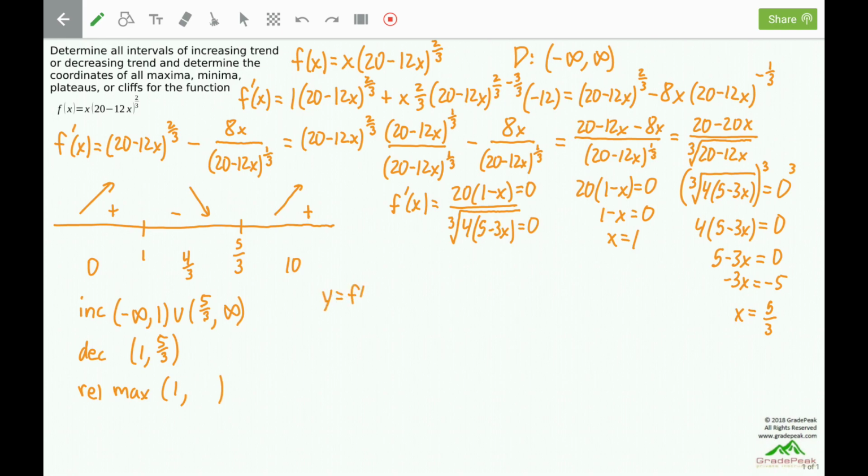So y equals f of 1, which is 1 times 20 minus 12 times 1 to the 2/3. 1 times anything is that same thing, so it'll just be the 20 minus 12 times 1, which is 12, to the 2/3, and 20 minus 12 is an 8. 2/3 power means cubed root and then square the result. The cubed root of 8 is a 2 and then squared, and 2 squared is a 4. So this will be the y-coordinate for the relative max.